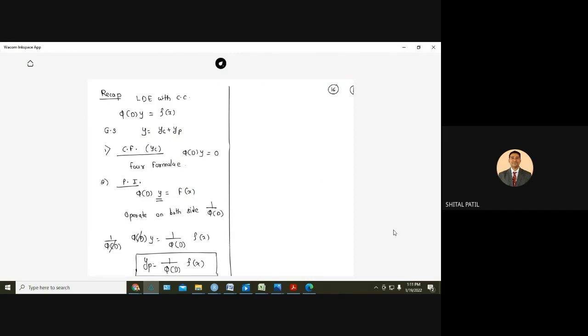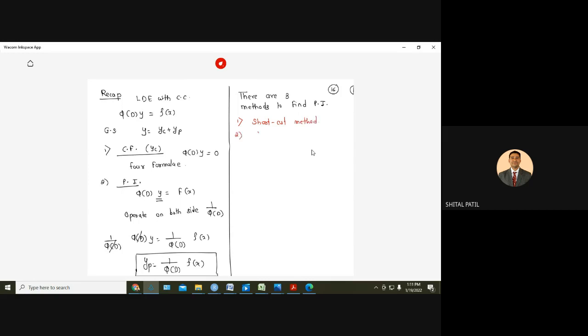Okay, now there are 3 methods to find the particular integral. One, shortcut method.